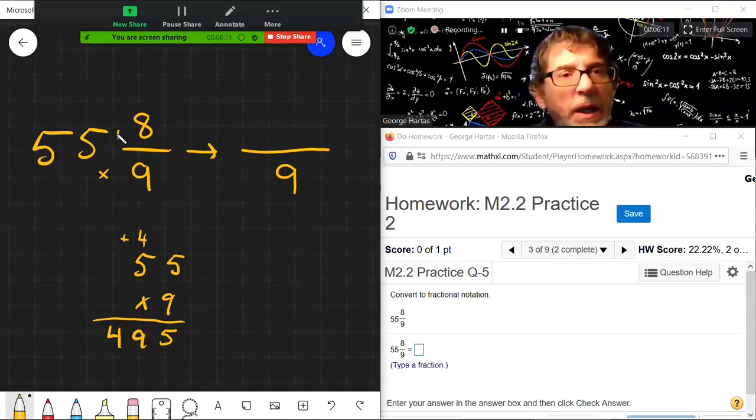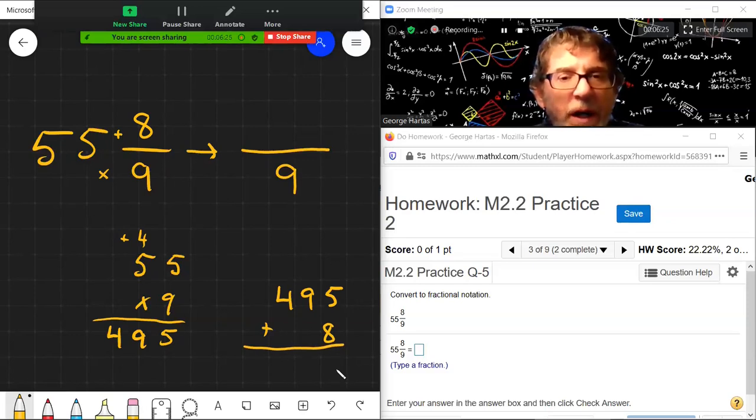495 plus 8, if you don't know, just simply do it over here. That's fine. If it's a big number, you don't have to try to do it in your head, because it's not that easy. 5 and 8 is 13. Carry the 1. 1 and 9 is 10.